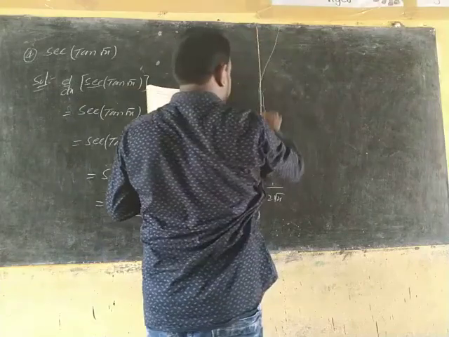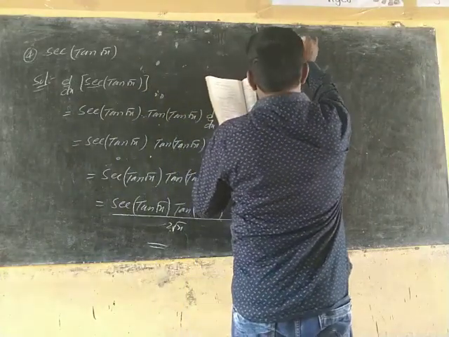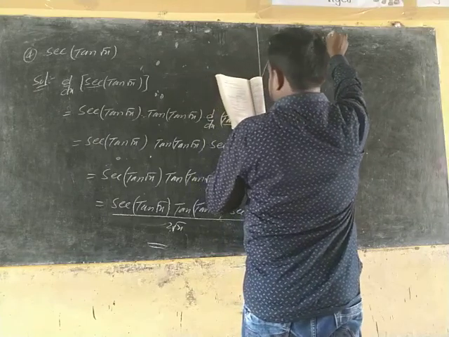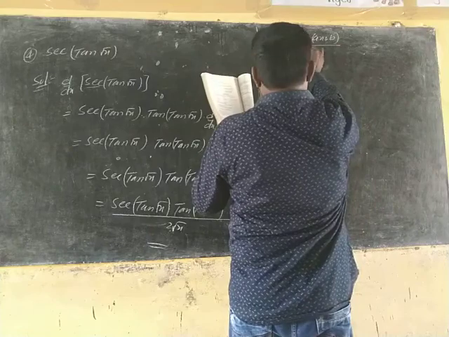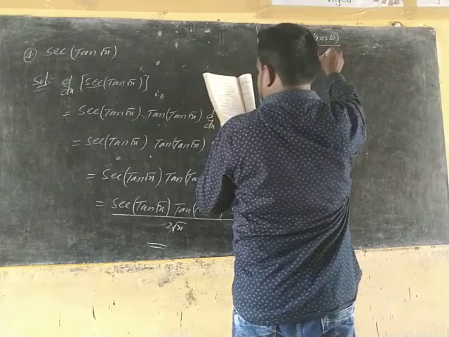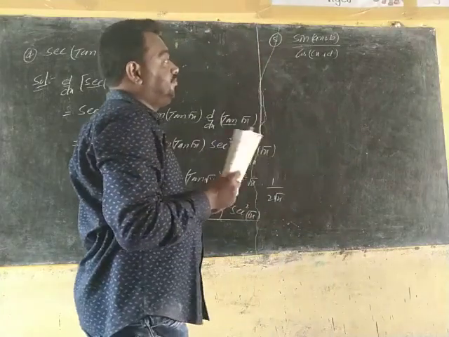Fifth one: sine of ax plus b by cos of cx plus d.